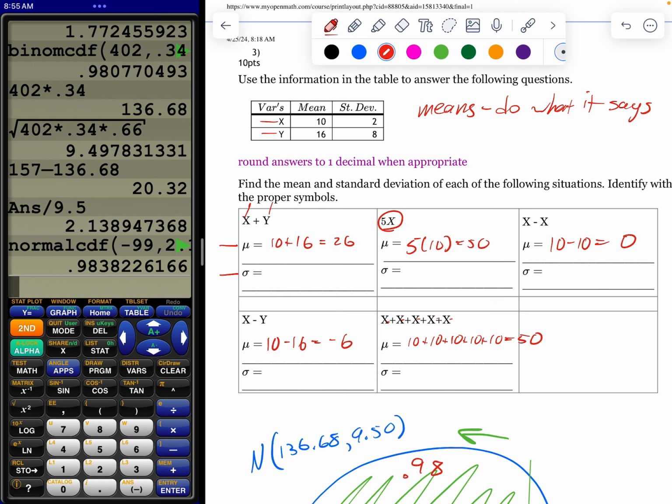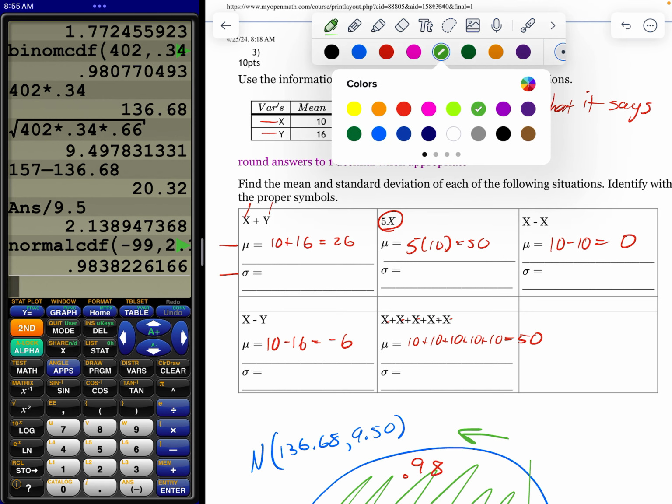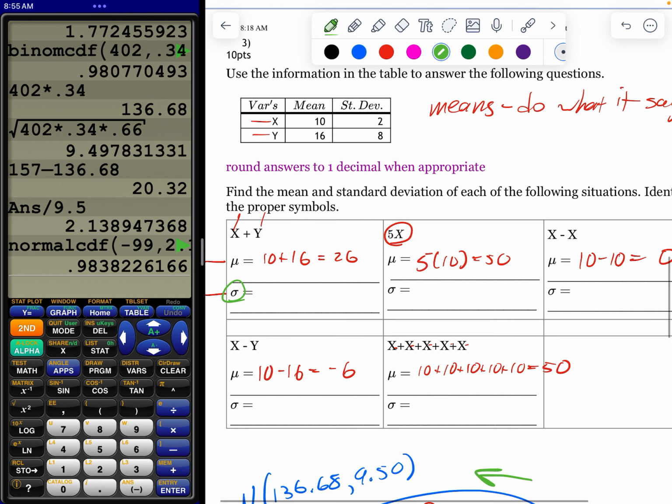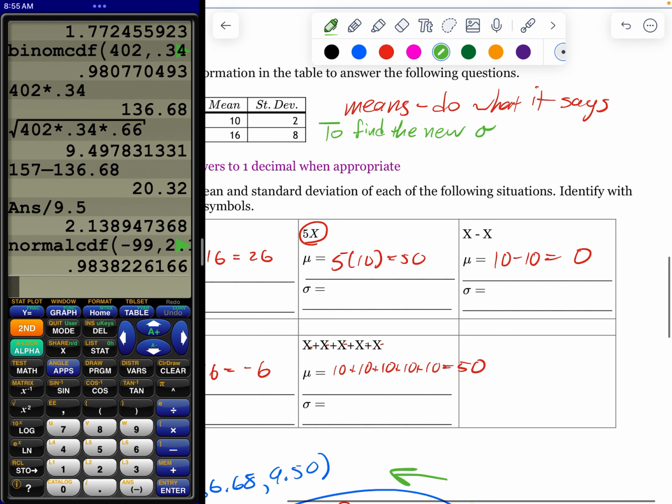Okay. Now, what about standard deviations, right? When you are adding data sets together, the standard deviation is affected, but you don't just add standard deviations. To find the new sigma, we add variances.